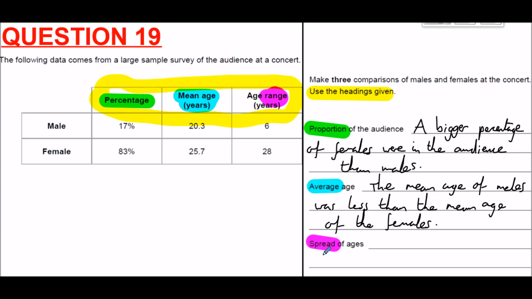And finally, the spread. The smaller the spread, the smaller the range. And so whichever has a smaller spread has a smaller range. And so because the males had the smallest range, they had the smallest spread of ages.